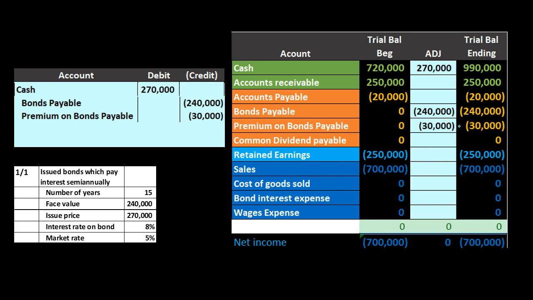And so really our interest payments are going to be closer to the market rate. We're kind of putting that difference between the market rate by reducing the premium. So when we record interest expense, we're going to be increasing it by what we pay, the 8%, and then decreasing it by the allocation of the premium, which is really a result of that difference between the market rate and the contract rate.